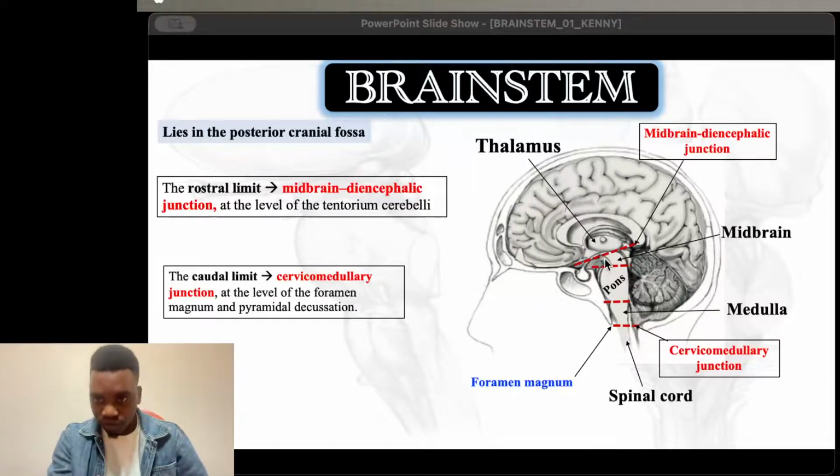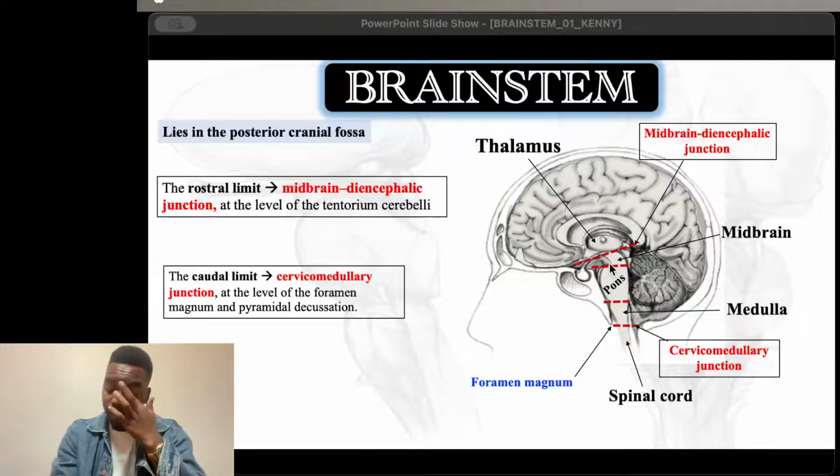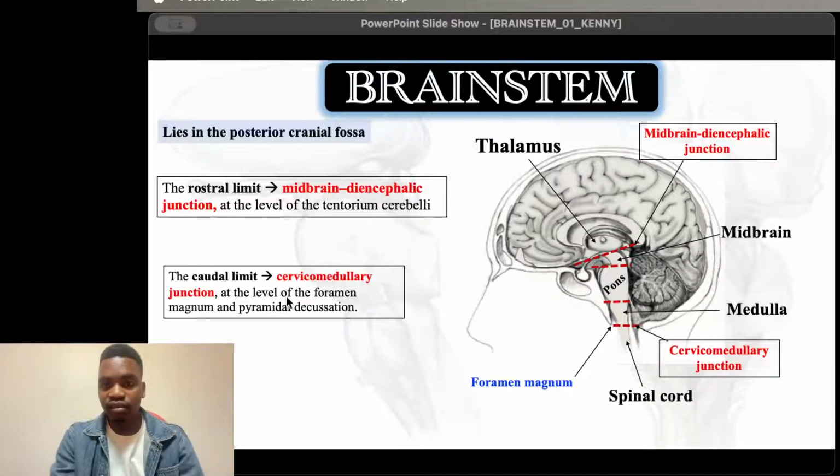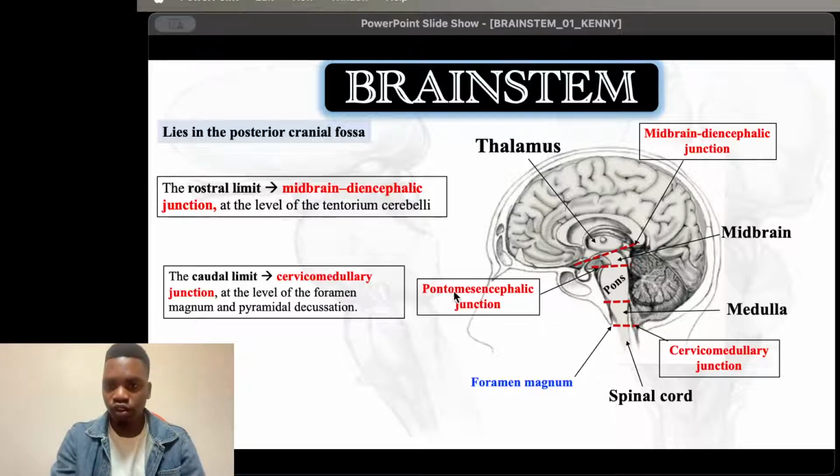Now, because we have midbrain, pons, and medulla, we can also have the junction between midbrain and pons, and the junction between pons and medulla. The junction between the midbrain and pons is known as the ponto-mesencephalic junction, because ponto is for pons and mesencephalic is for midbrain.